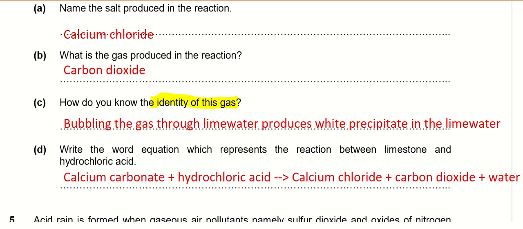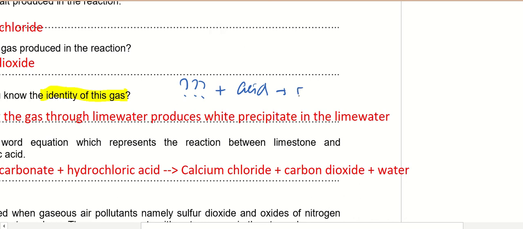Okay, so let me just write it down. If we have unknown solid plus acid, it gives us, well, sometimes we can see the salt because of the color. Sometimes the salt is dissolved in water and gives a transparent solution, plus this gas. Well, what is this gas? And plus maybe water, because we can't see how much water is produced. So this one I'm not going to put there, because we can't really see it.